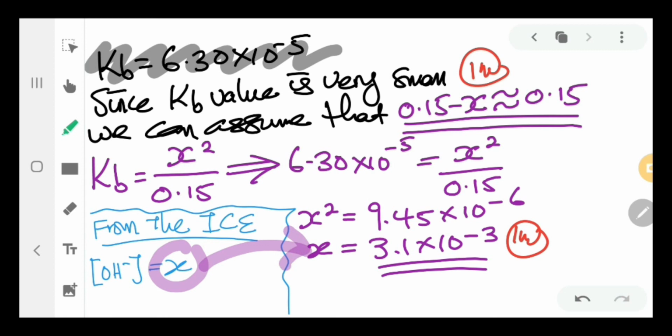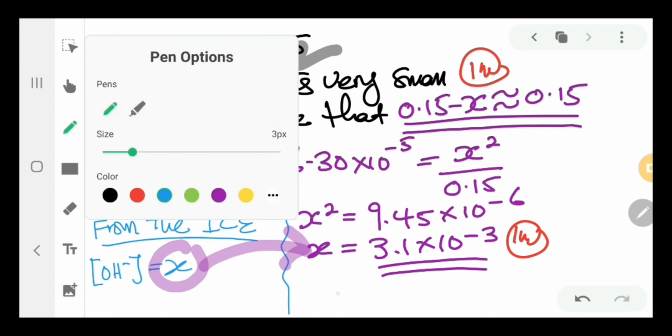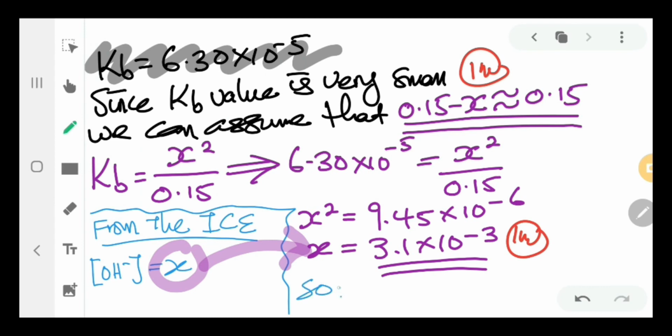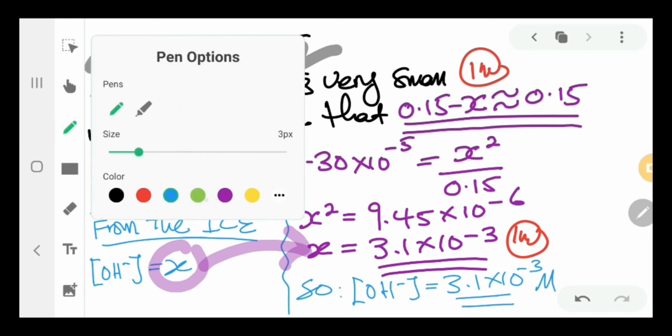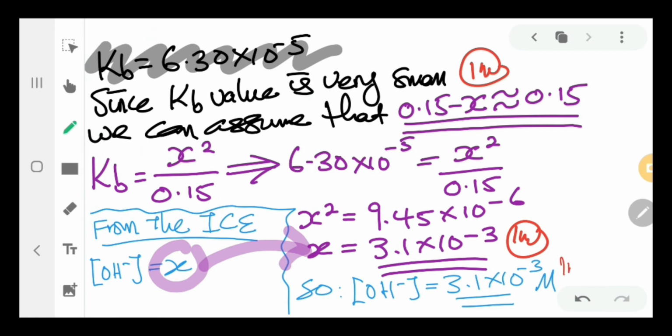So we have found out the concentration of OH minus as well. Concentration of OH minus is 3.1 times 10 to the power of negative 3 molar. By writing that, you'd get another 1 mark.